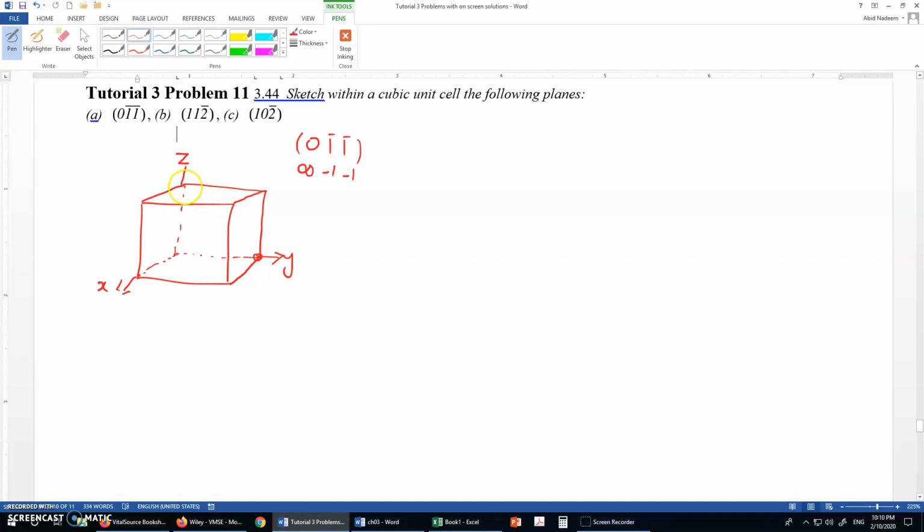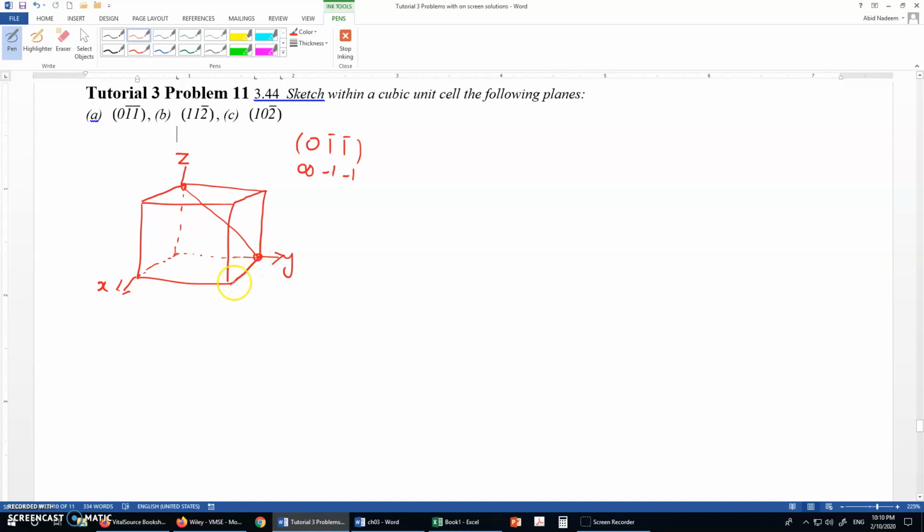So one point of intersection will be here, the other will be here, and therefore we will join these 2 points. This will be one edge of the plane.